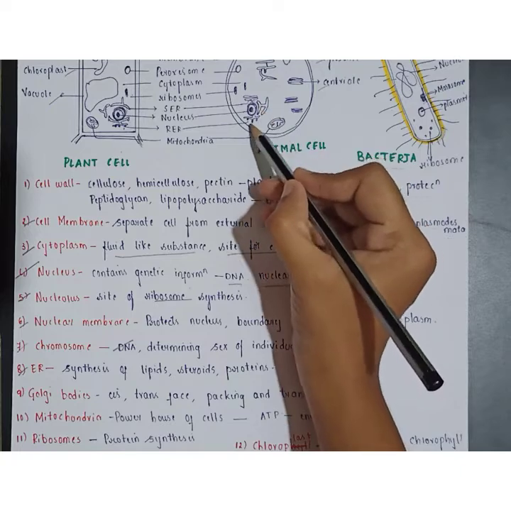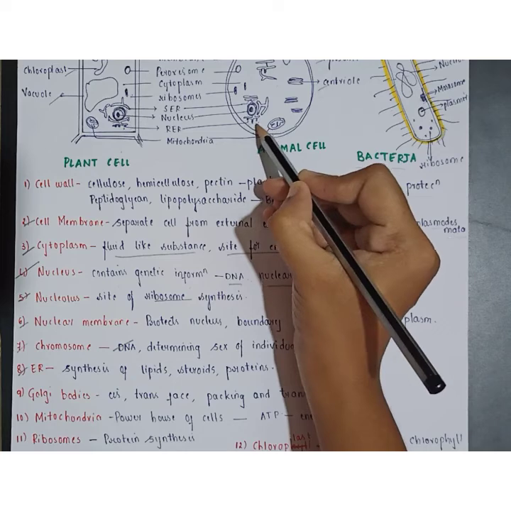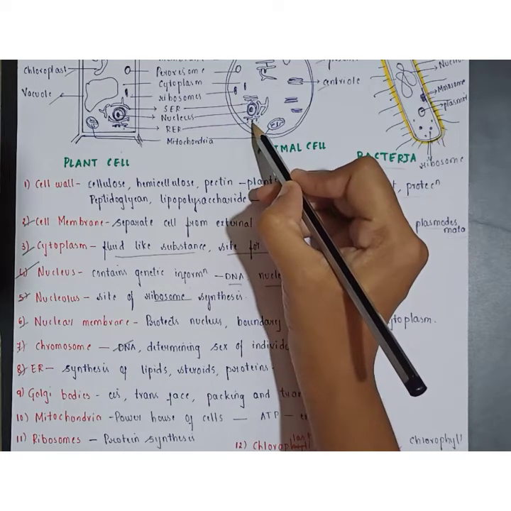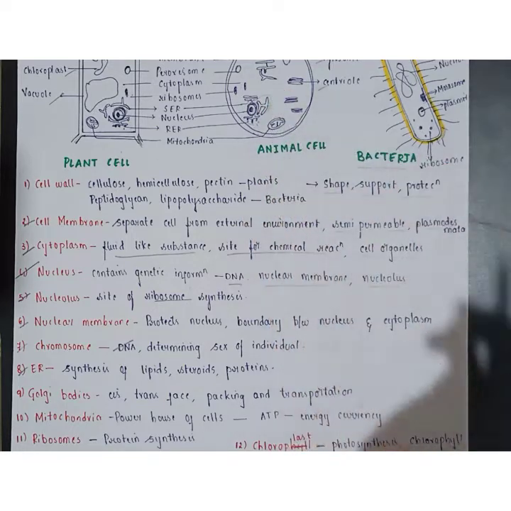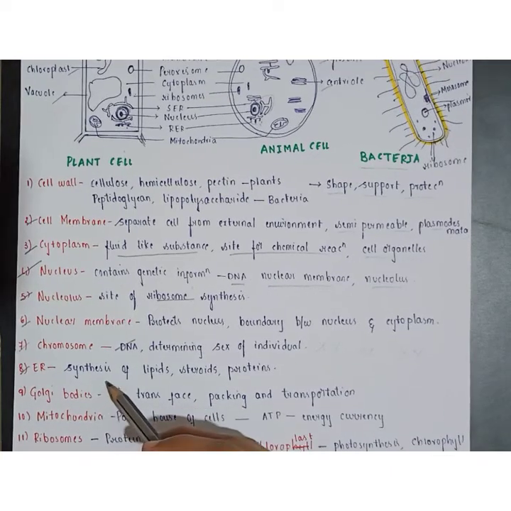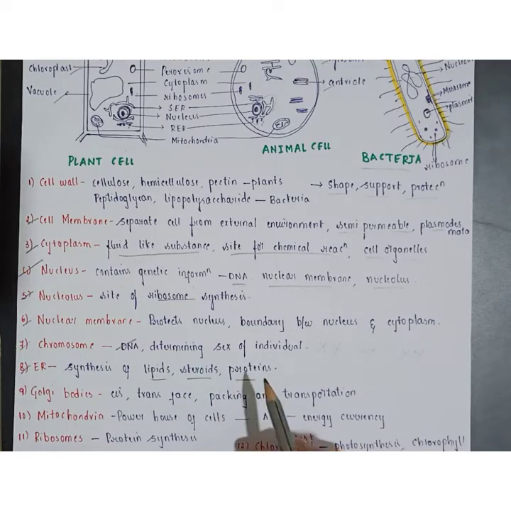Here you can see around the endoplasmic reticulum, these small tiny structures are called ribosomes, and this is an example of rough endoplasmic reticulum. And if ribosomes are absent, it appears smooth, hence it is known as smooth endoplasmic reticulum. The function of the endoplasmic reticulum is the synthesis of lipids, steroids and proteins.